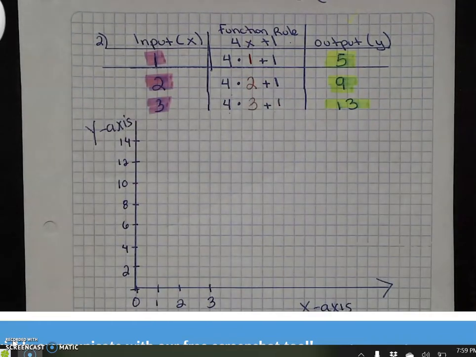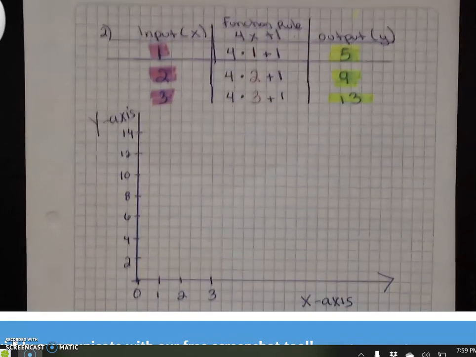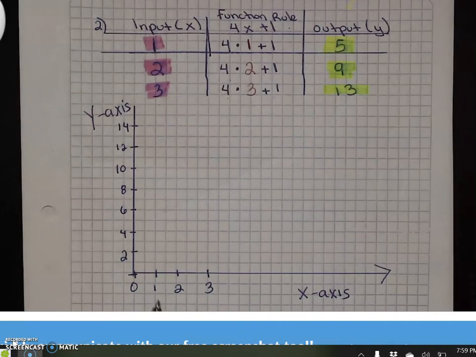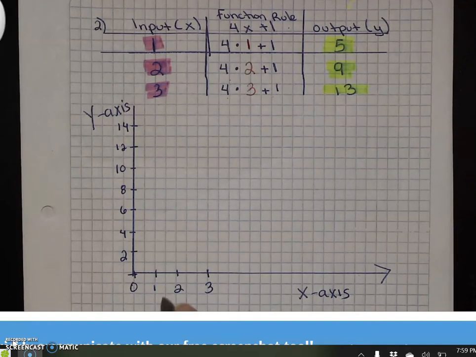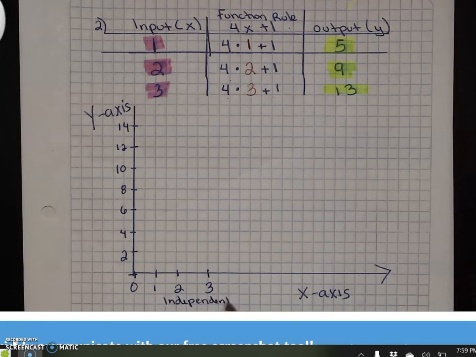And that means this would be, again, what is this? Try to remember, because we do need to write this information in order for you to know. This here is my independent variable, and that is the input value. Just think about this.